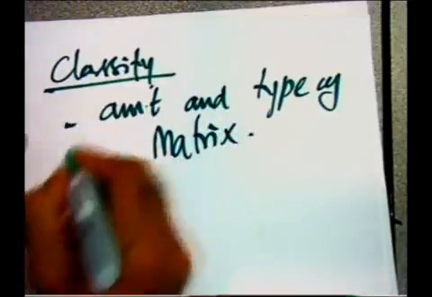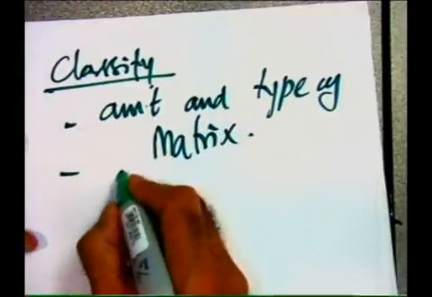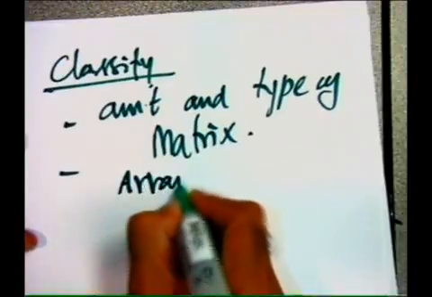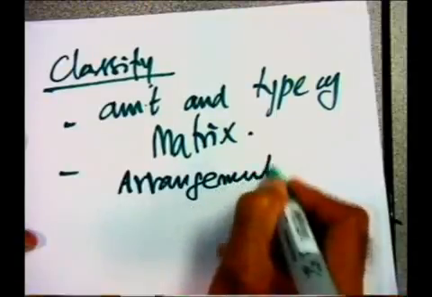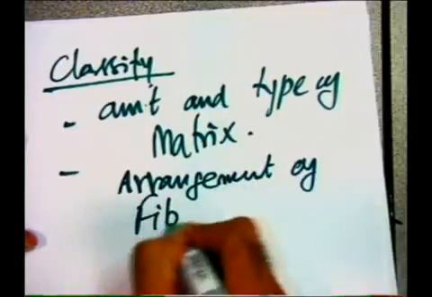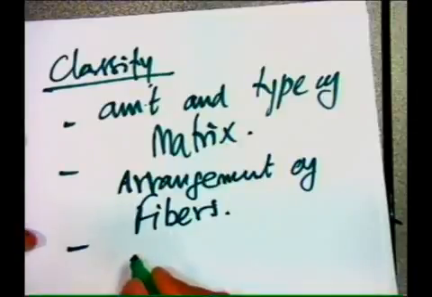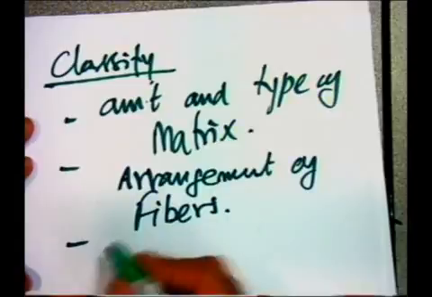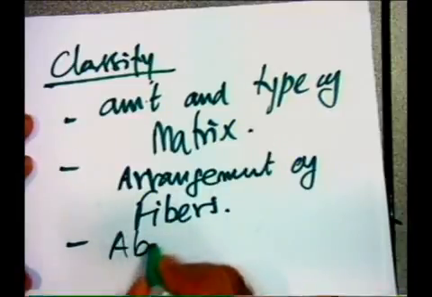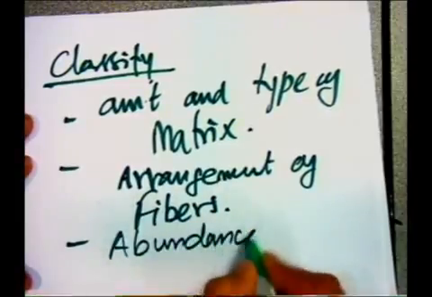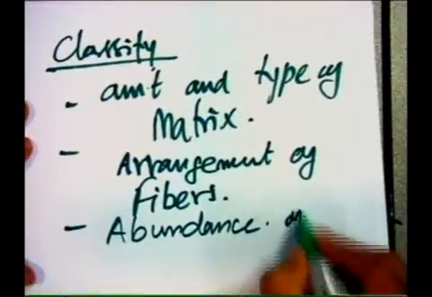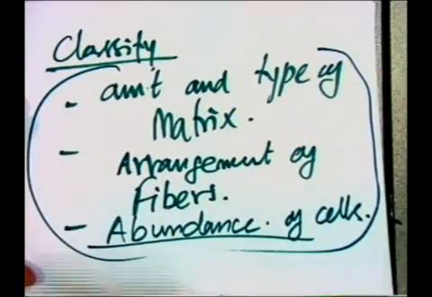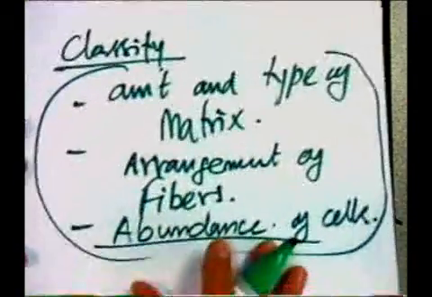And then we can also classify it depending upon the type and arrangement of fibers. And then the abundance of kinds of cells, some kinds of cells more, some less, so abundance, A-B-U-N-D-A-N-C-E of cells. So we can classify depending upon these criteria. Okay.